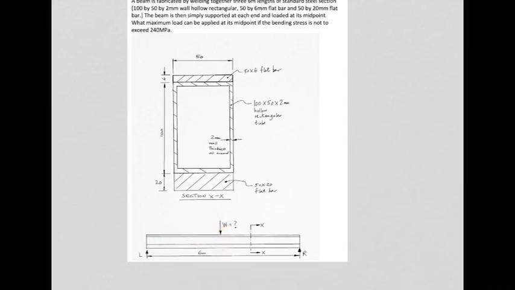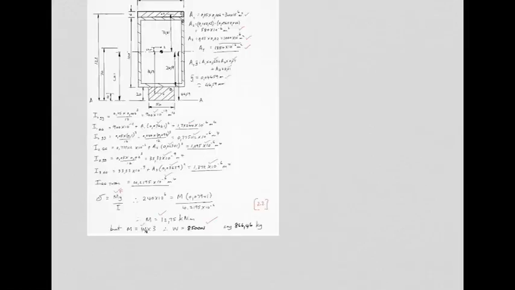So W over 2, which is a support reaction, and once again you can either use the left hand side or the right hand side of the beam. Let's use the left hand side for now. The right hand side is covered up, my hand is over here, and I say right, the bending moment is half of W, which is the value here, the magnitude of L, and you multiply it by the 3 meters and you would get the bending moment.